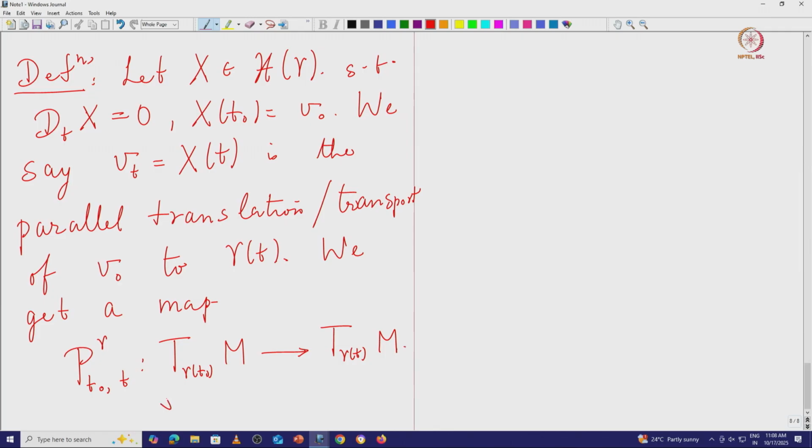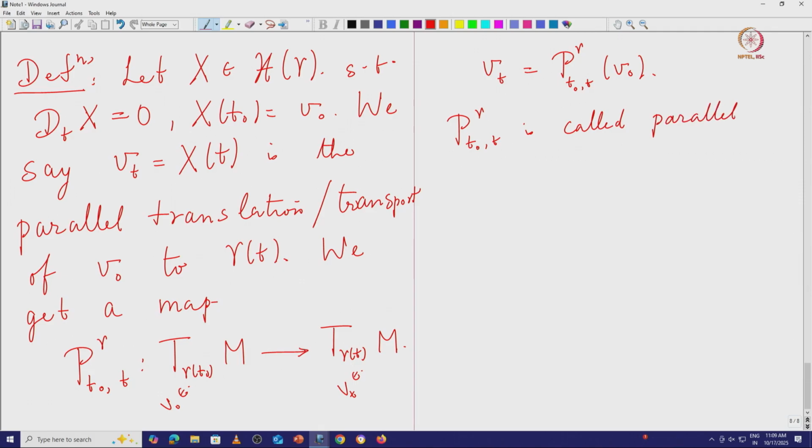Okay, so you take any vector here and parallel translate it to a vector here. Okay, so we call V_t to be this. So P gamma t naught t is called the parallel translation map or the parallel transport map.